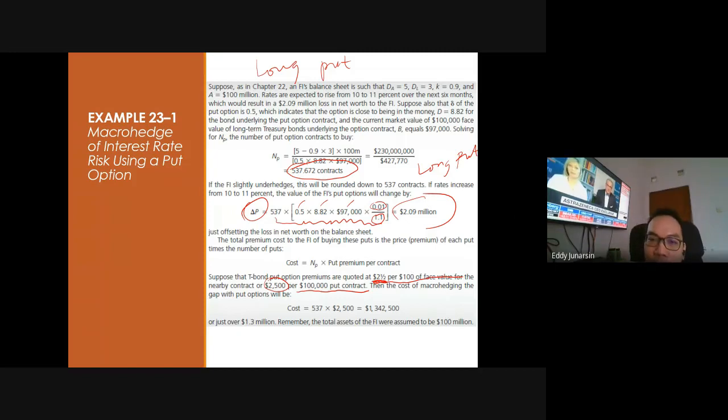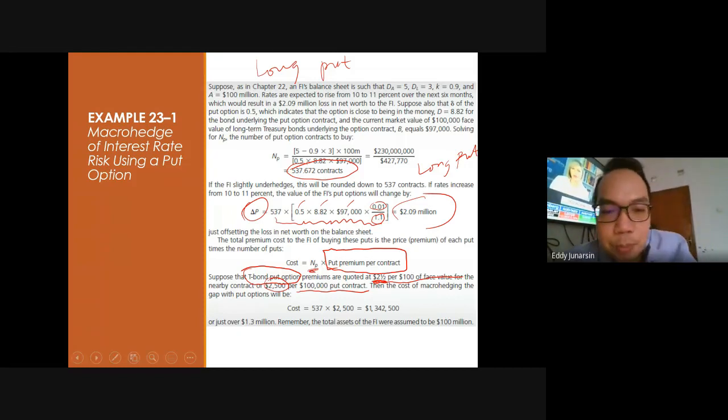Okay, so again, the number of contracts is 537, and the put premium per contract is 2,500 in this story because it's like 250 per 100. So 2.5%. And suppose that you are using this T-bond put option. So the size of the contract has been determined, because this is part of an exchange traded option.